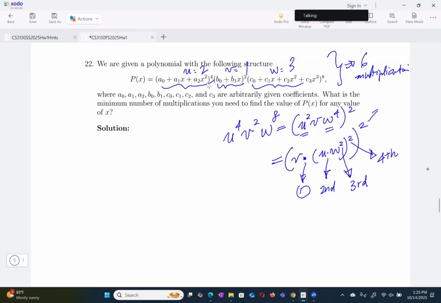Then this square, fifth. Five more multiplications. Some students counted 6. So that's this one.